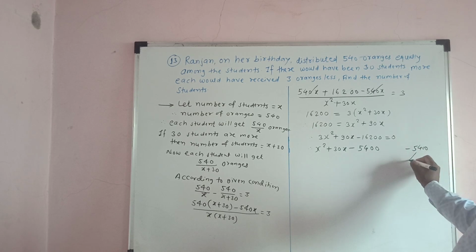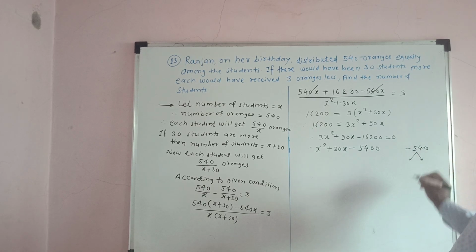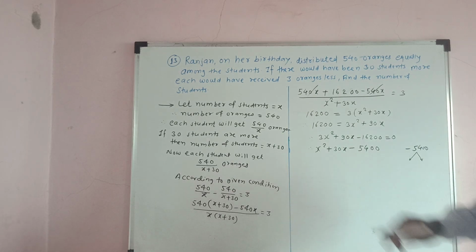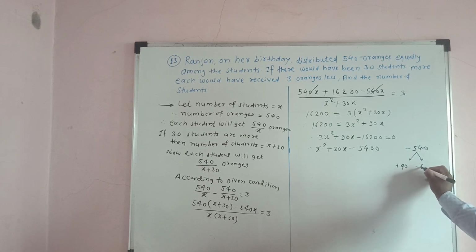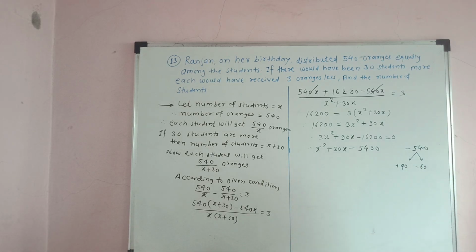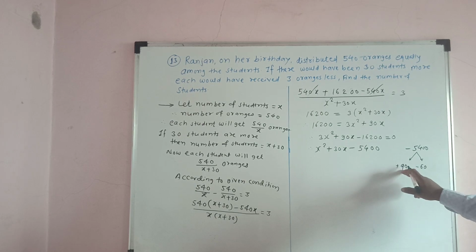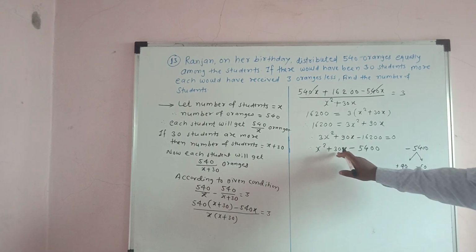Now find such numbers. So the multiplication is minus 5,400 and sum is plus 30. So the numbers are plus 90 and minus 60. Plus 90 into minus 60 will be minus 5,400 and 90 minus 60 will be 30 here.